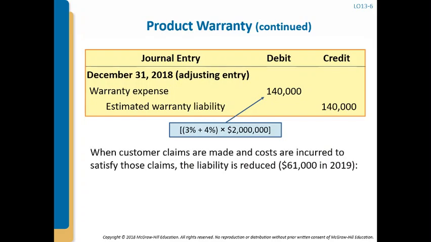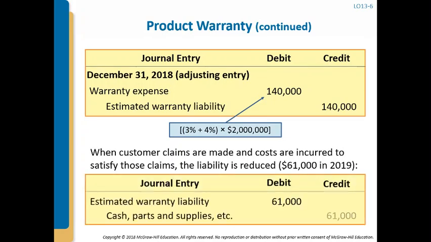Now, if and when a customer makes a claim, you're simply going to debit whatever expense, whether it be wage expense for the cost of workers working on satisfying the warranty through labor or parts or whatever.